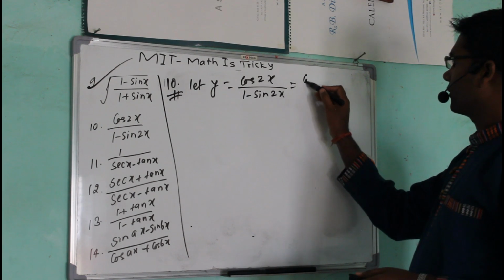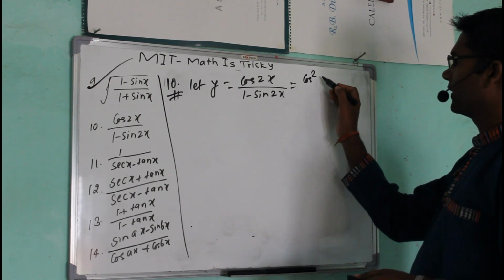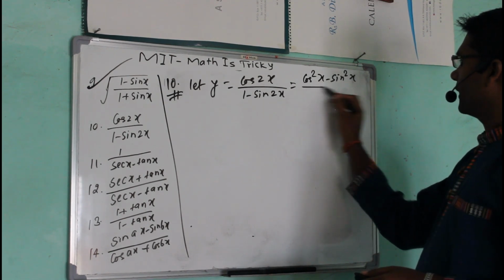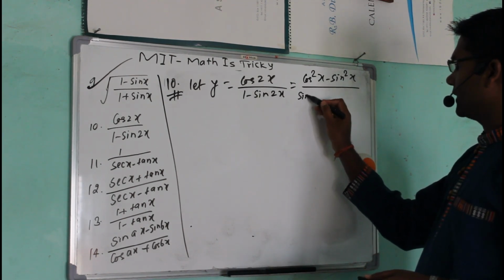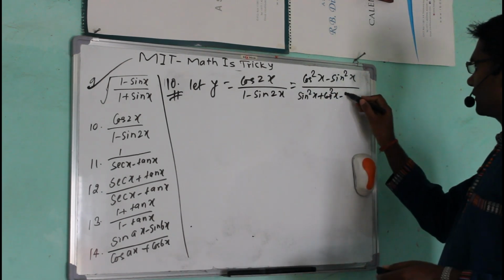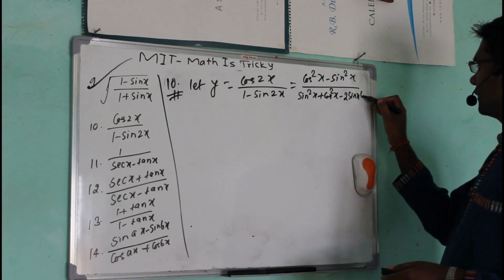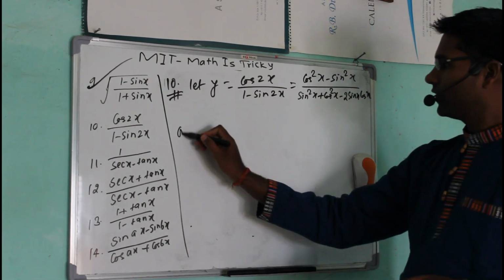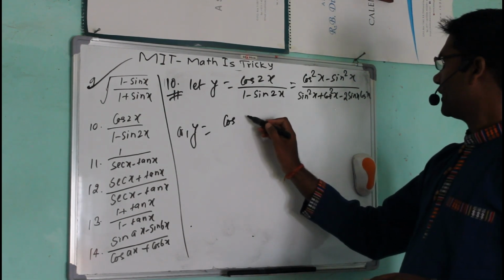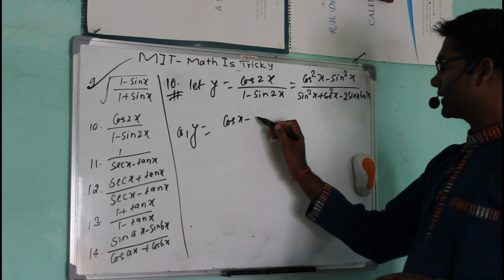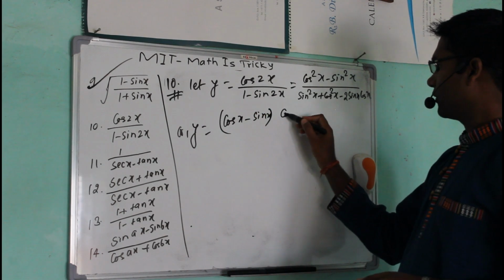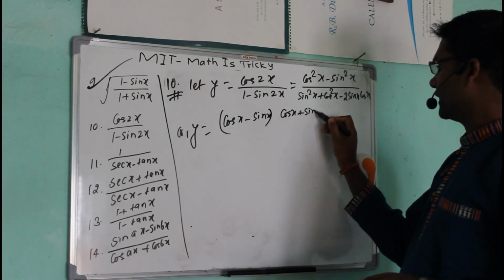So it is here cos square x minus sin square x, and then for the denominator you can write here sin square x plus cos square x minus 2 sin x cos x, so that I will get here y. Now a square minus b square is a bigger formula in the numerator, so (cos x minus sin x) times (cos x plus sin x).